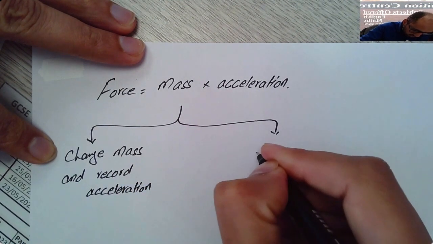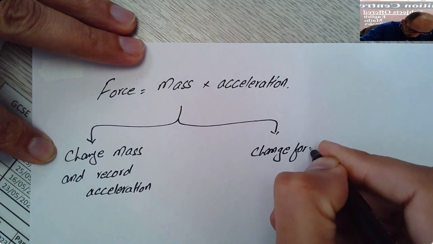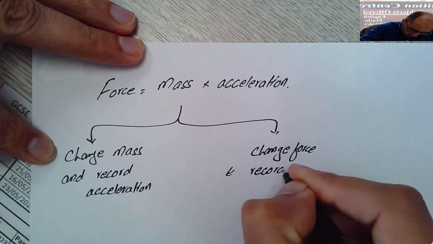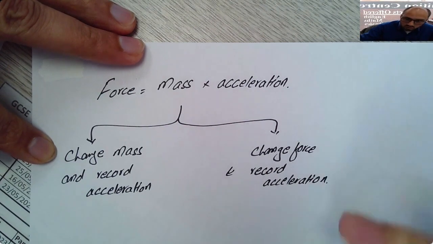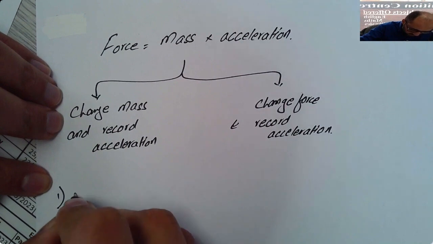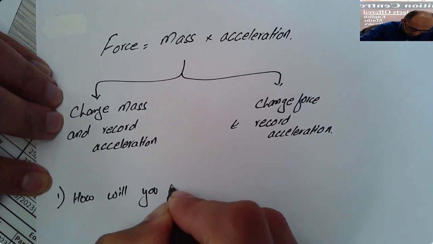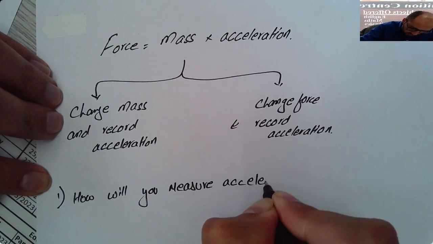In the second case, you will change force and you will record acceleration. So you will need to know how you will measure. Number one, how will you measure acceleration?